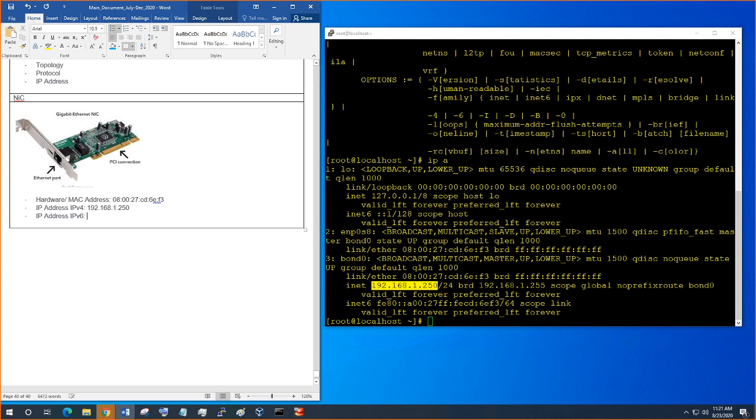So this is the IP version 6 address here. We're not going to deal with that a lot here, but this is just an example. The future is going towards this IP address.